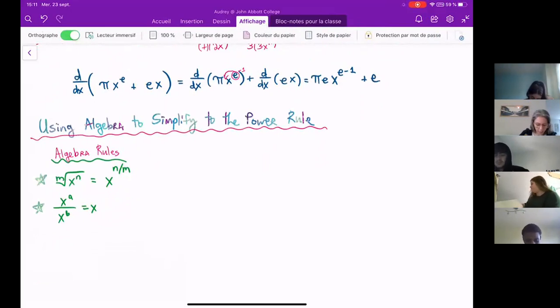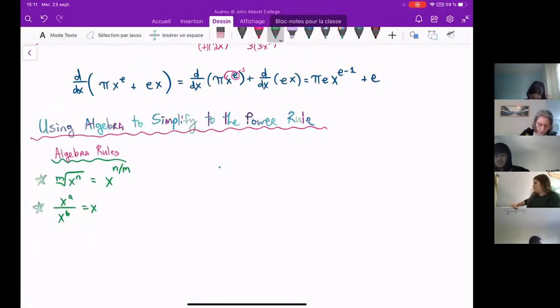This will be x to the power of a minus b, which means that if I just have a constant on top, which I'm going to write as a k, and x to the a on the bottom, that can be k x to what power?